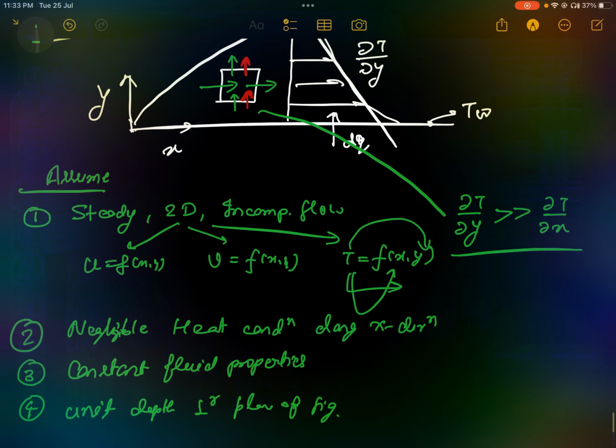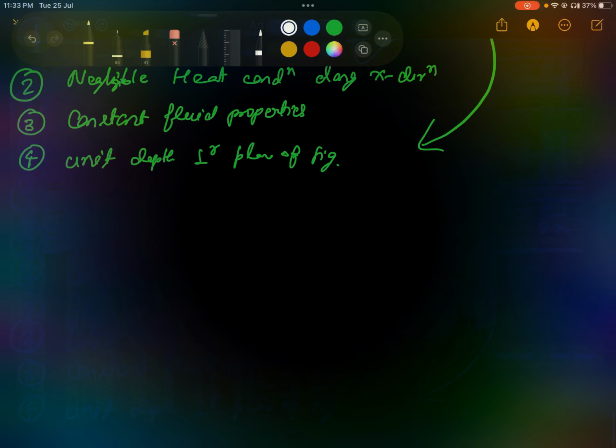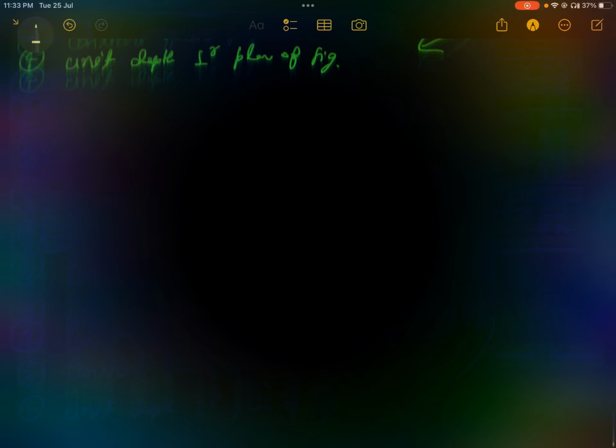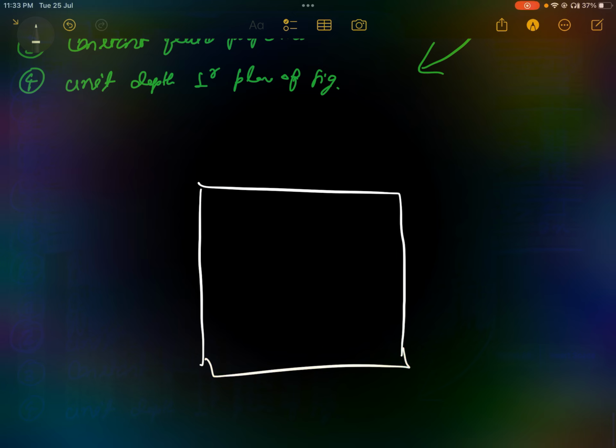Now, let us take this fluid element here and try to find out the different heat or energy interactions. So first, I'll show the convection, let's say along the x direction.